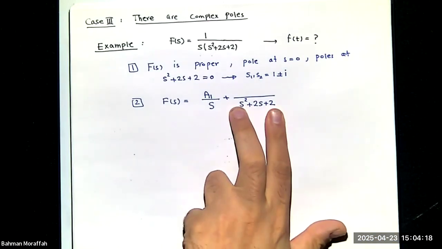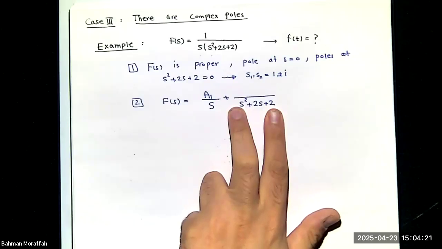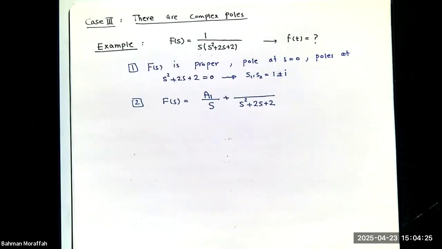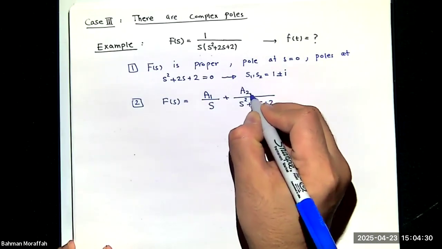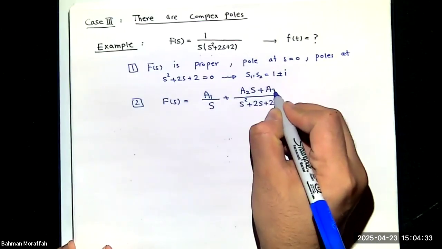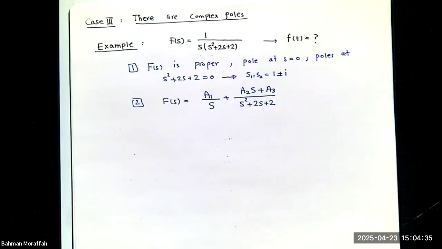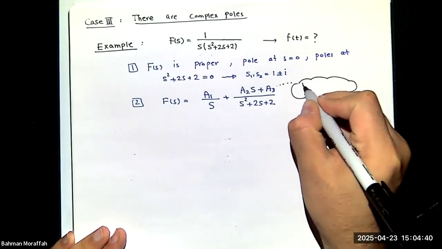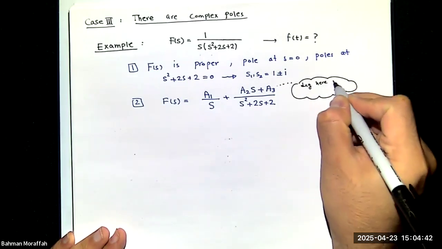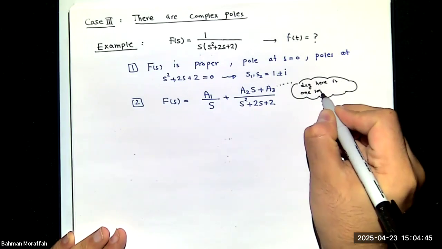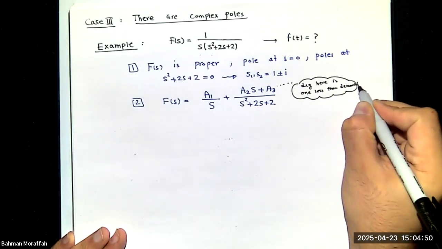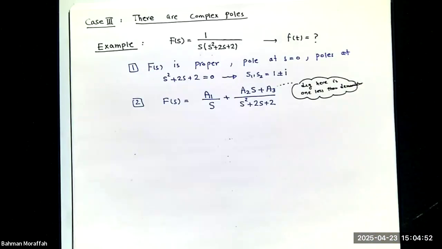If the degree of the denominator here is 4, for example, the degree of the numerator can go up to 3. Why? Because we want to keep it proper. So I can write this as A2 s plus A3, and the degree here is 1 less than the denominator.